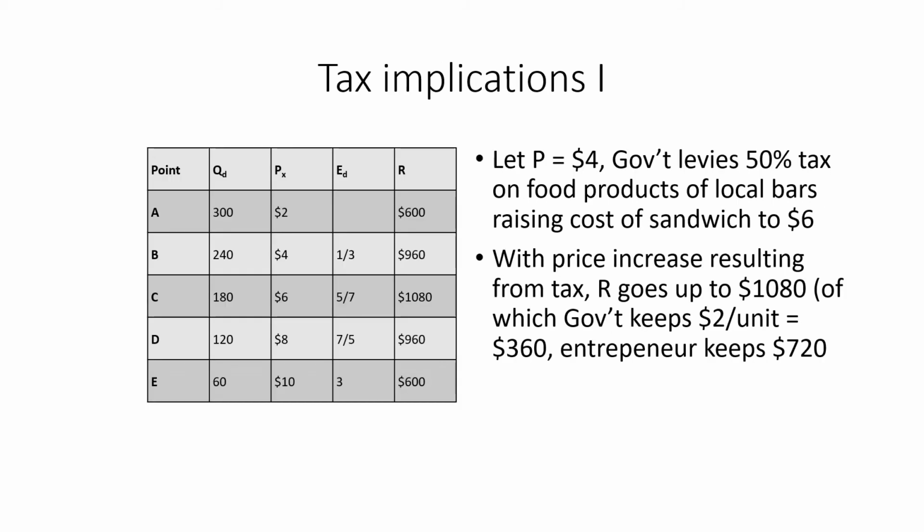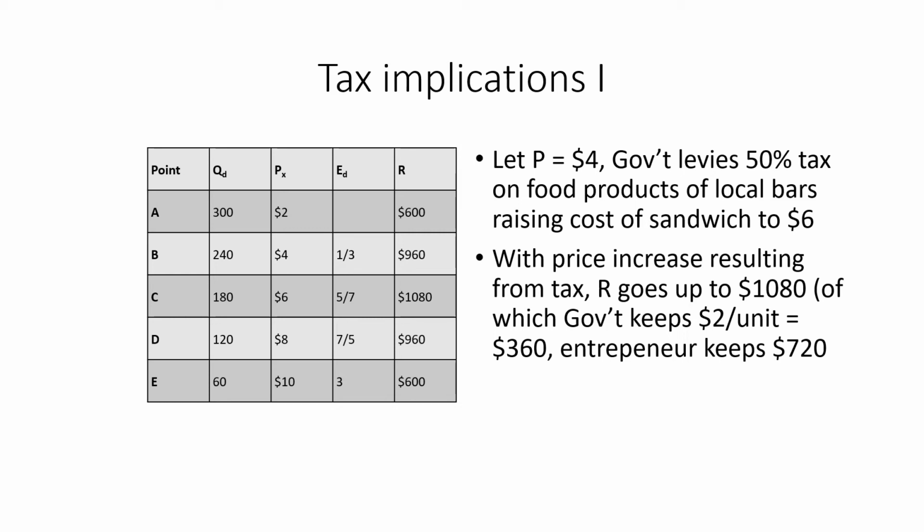Now, the important thing is that there are implications of a tax on price elasticity of demand, and the easiest way is to go through this example here, so that we can understand this.